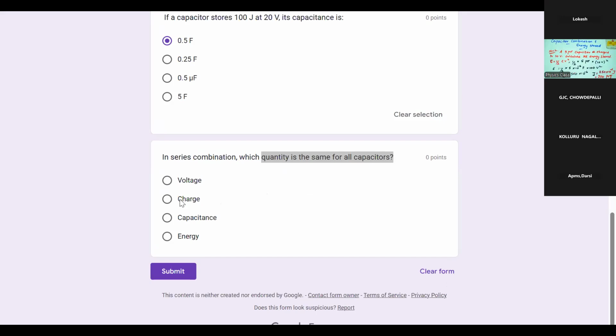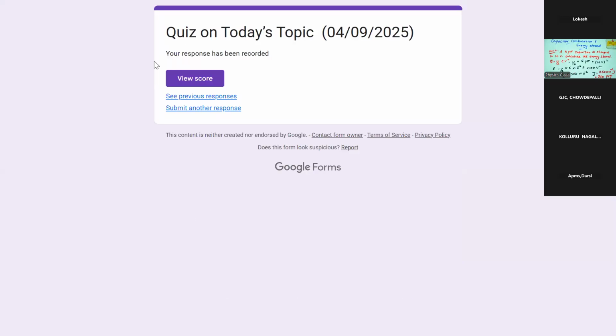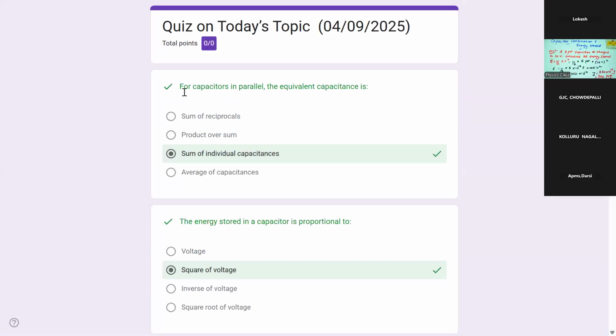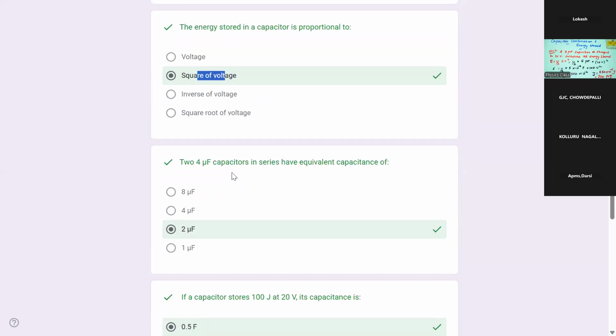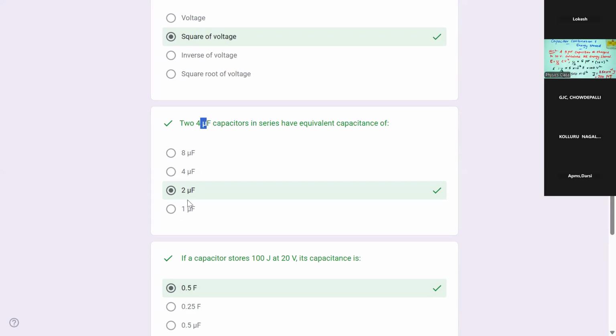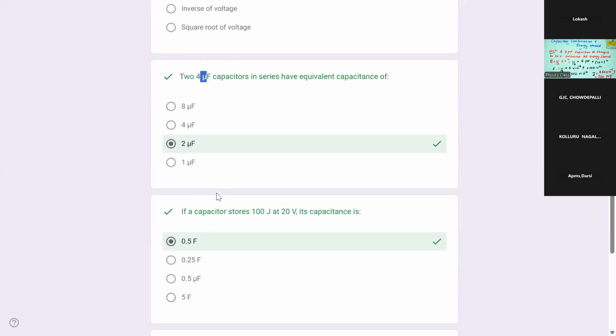Very good. Clear? Okay. Let me check the answer. For capacitors in parallel, the equivalent capacitance is the sum of the individual capacitances. The energy stored in the capacitor is proportional to the square of the voltage, 1 by 2 CV square. 4 microfarad, which gives 2 microfarad, which is the equivalent capacitance.